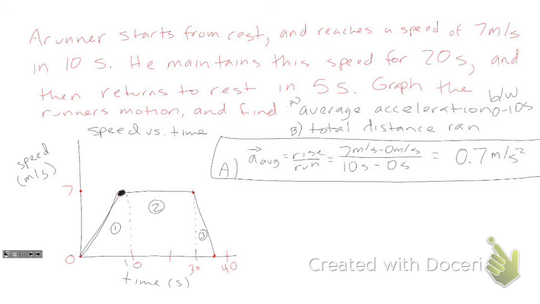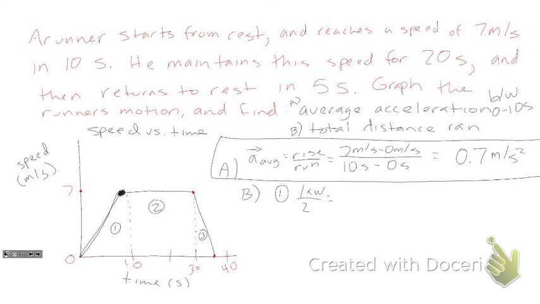And then for part B, we're just going to calculate the areas of these 3 shapes and then add them together. So shape 1 is a triangle, so it is length times width divided by 2.